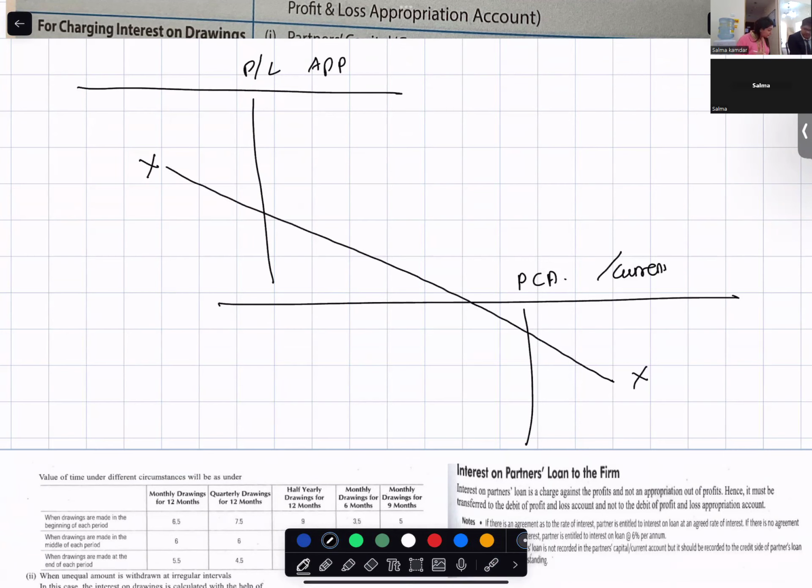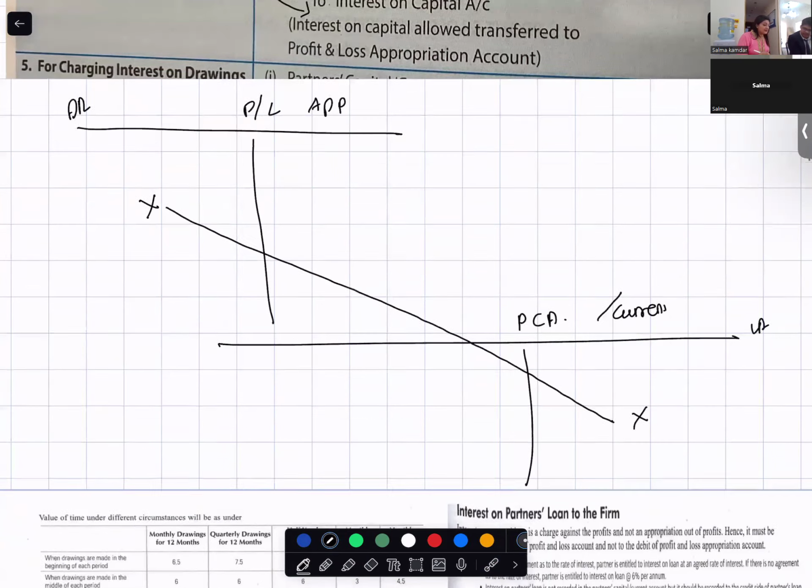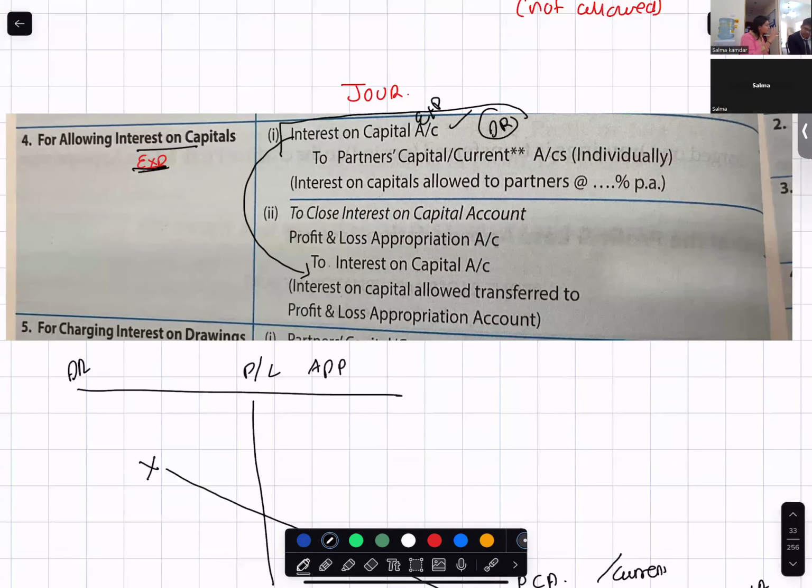Profit and loss appropriation debit and partners current account credit. But when I have to pass journal entries, there are two journal entries. First, I will create the expense: interest on capital debit, partners capital credit. Then I will transfer it to the appropriation account: appropriation debit, interest on capital credit.